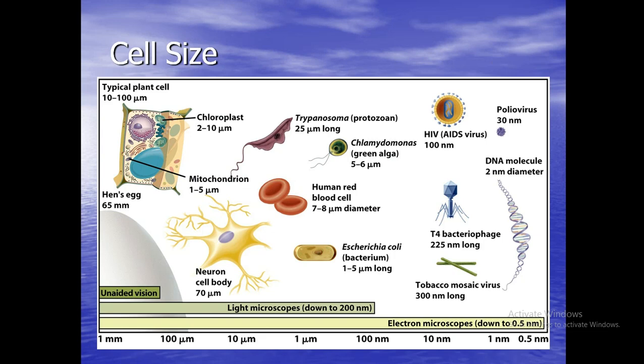A bacterium, the most common gut bacteria, that is E. coli, Escherichia coli, 1 to 5 millimicrons. Human blood cells range from 7 to 8 millimicrons in diameter, whereas the nerve cell, neuron, is about 70 millimicrons.